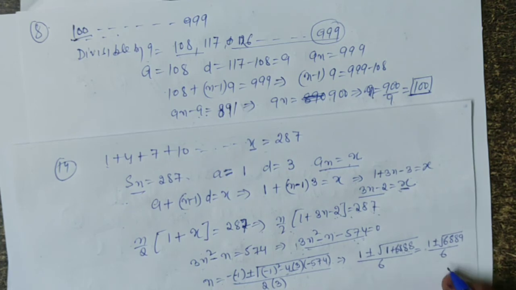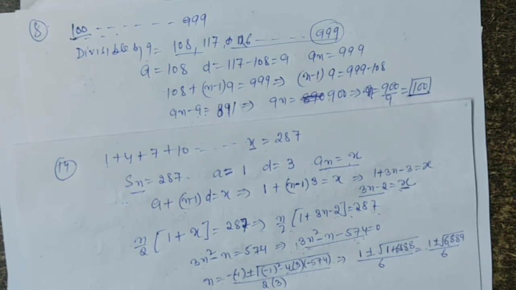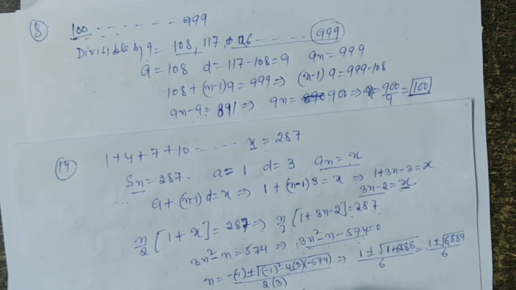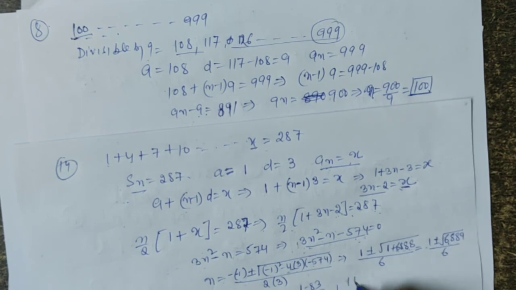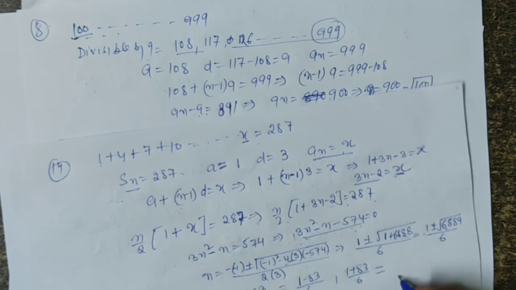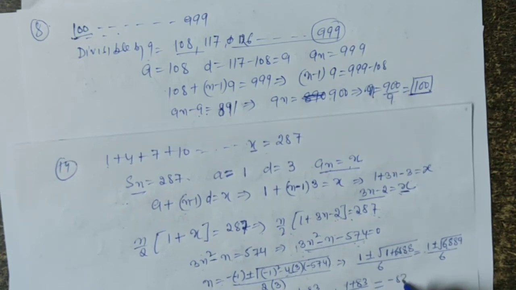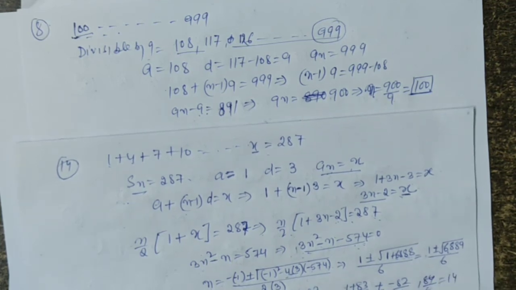Now the square root you can find with the long method, so that will be n equal to 1 plus minus 83, which is the under root of this. 1 minus 83 upon 6 and 1 plus 83 upon 6. So the two values of n are minus 82 by 6, which is not possible, and 84 by 6, that is 14. Got it?